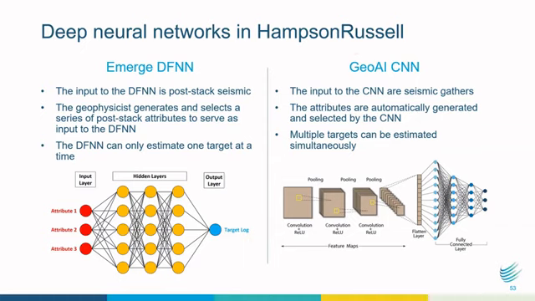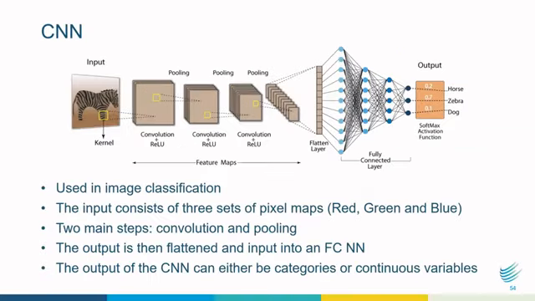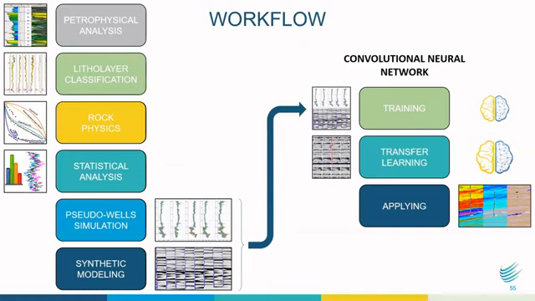And also, again, due to the nature of this algorithm, multiple target properties can be estimated simultaneously. Generally, these convolutional neural networks are used in image classification studies, such as the example which is shown here. So here the network is trying to recognize this object on this input picture, and the same basically is happening with our seismic gathers in our case.